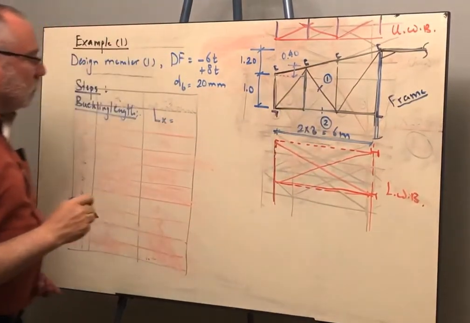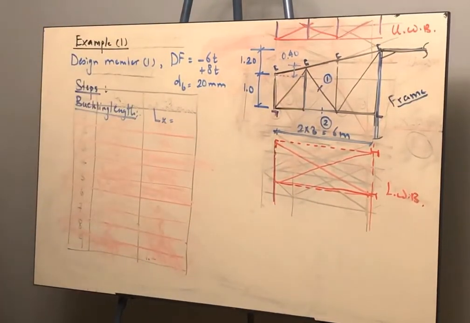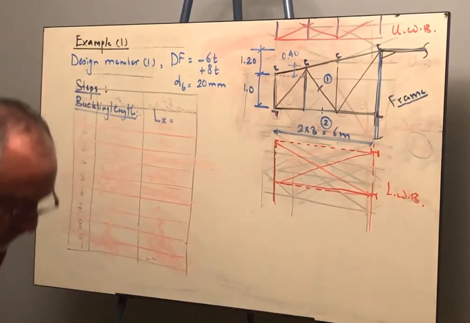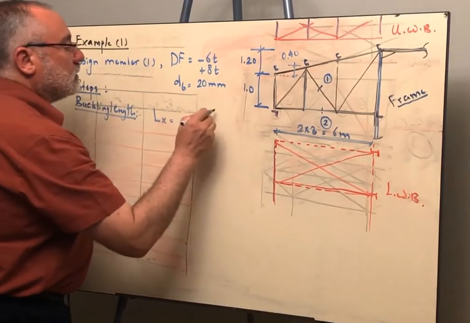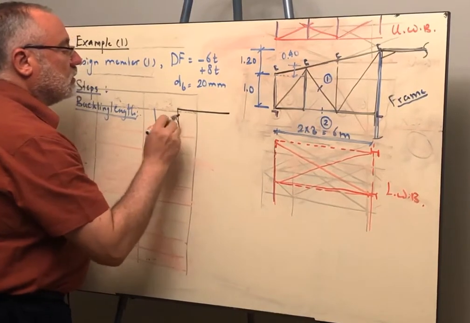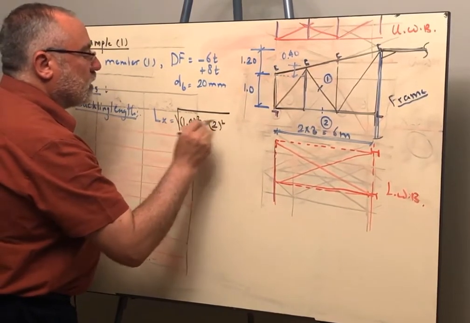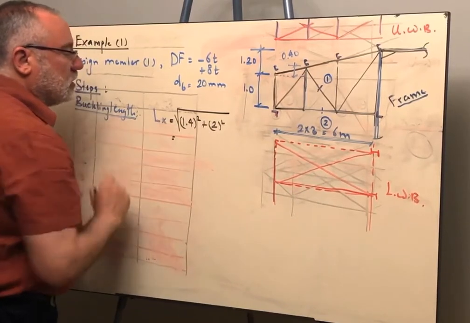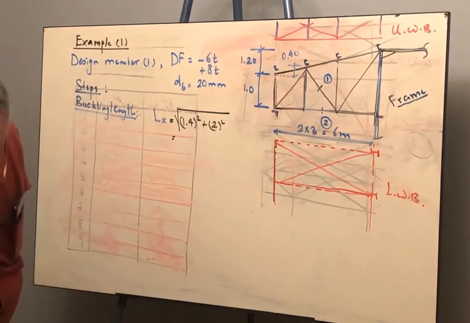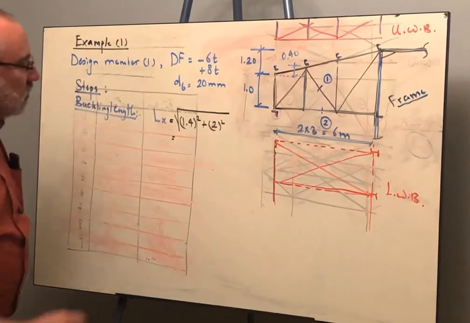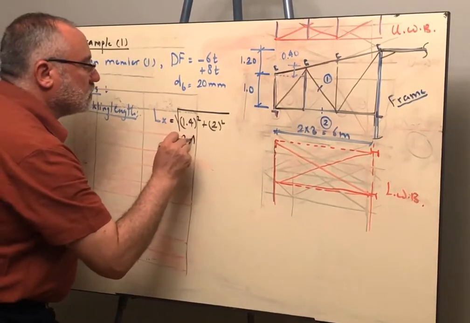We can get the length of the hypotenuse. So the length of the hypotenuse here will be the square root of 1.4 square plus 2 square. And if you did this, you will get the value of 2.44 meters.